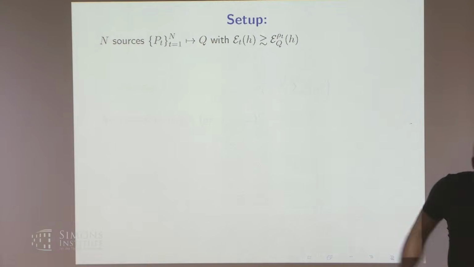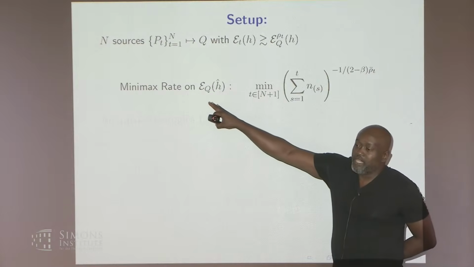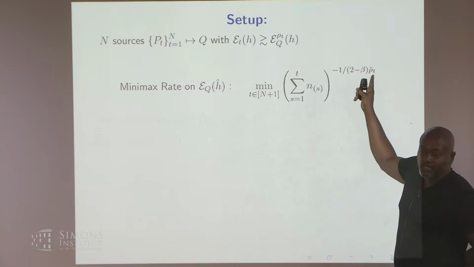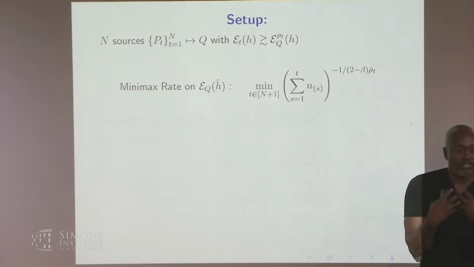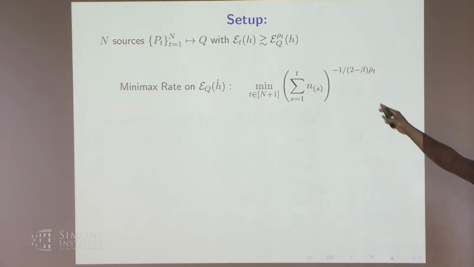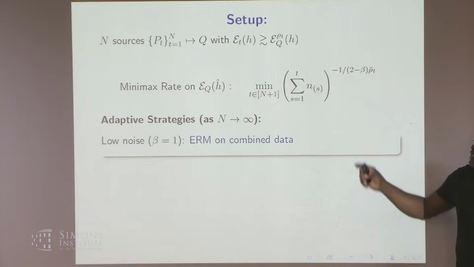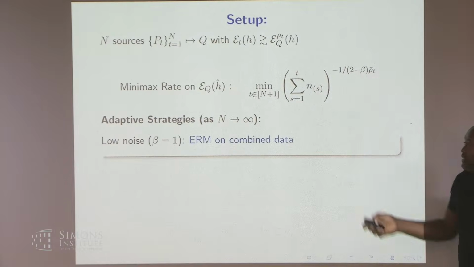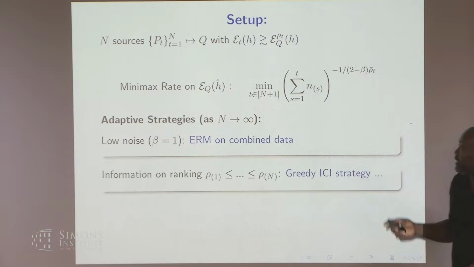In that setting, we show that the minimax rate, an oracle that knows the distances, can achieve a rate in terms of the combined sample size. And then the question is, is there an adaptive algorithm that can achieve this rate? It turns out that ERM, again in low noise conditions, can achieve this rate.